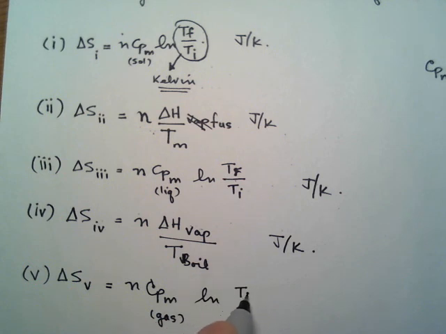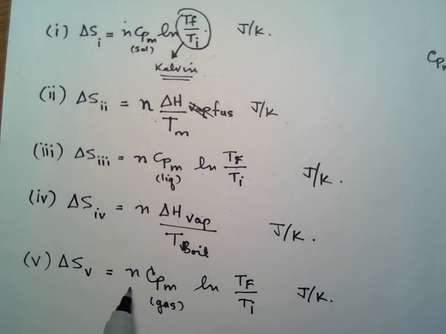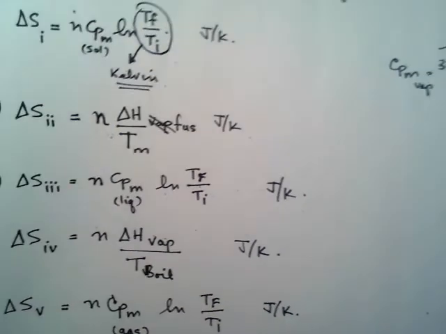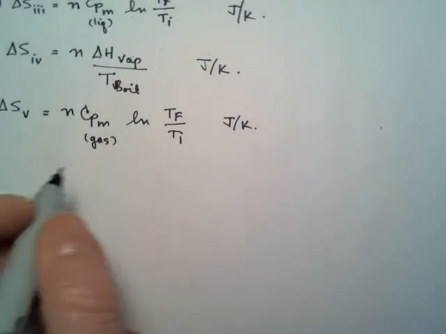Ln T final over T initial in units joule per Kelvin. So 10 grams converted to moles. This is given. My final temperature is the Kelvin equivalent of 115 Celsius, and the initial is 373, units joule per Kelvin.